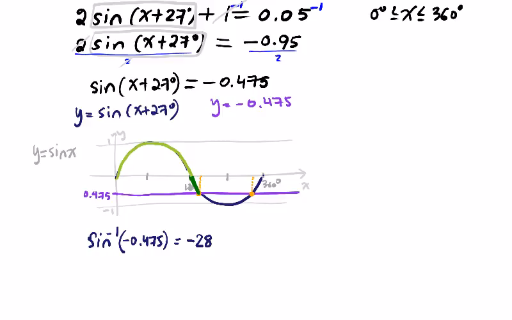So negative 28 degrees. Negative 28 cannot be this green one because it's a negative angle for a start. So it's coming that way, if it's negative. This little bit here is the negative 28 degrees. That size, like a mirror image, is the same as that little size there.